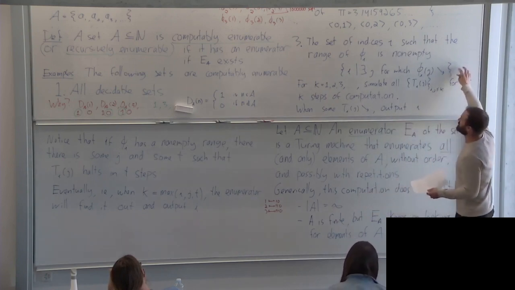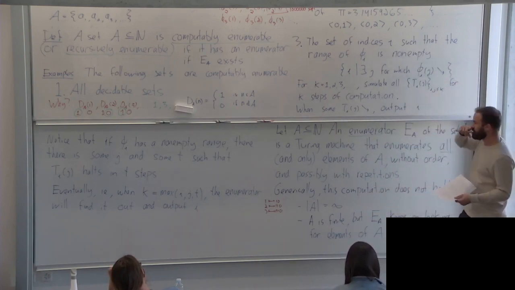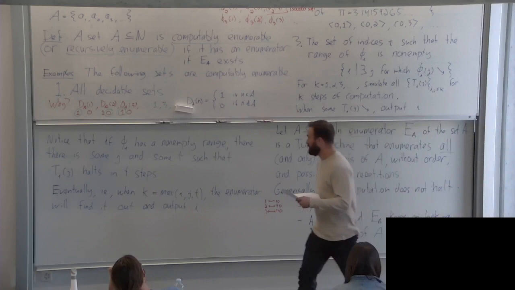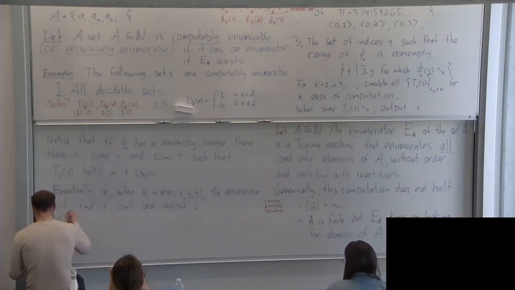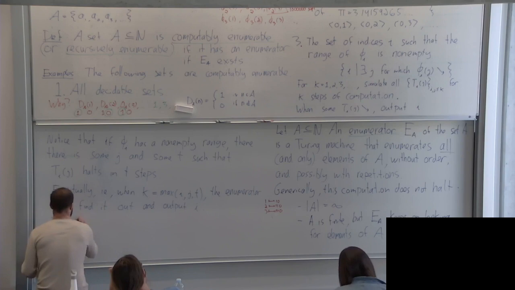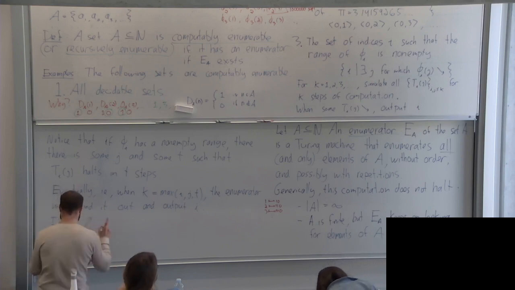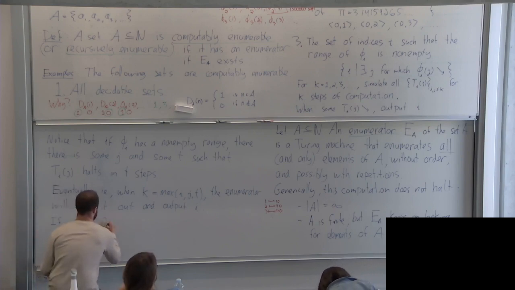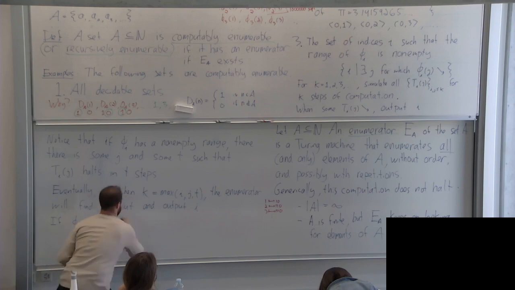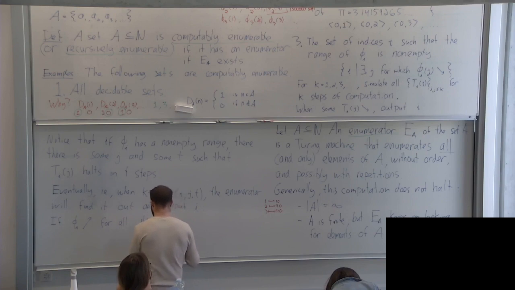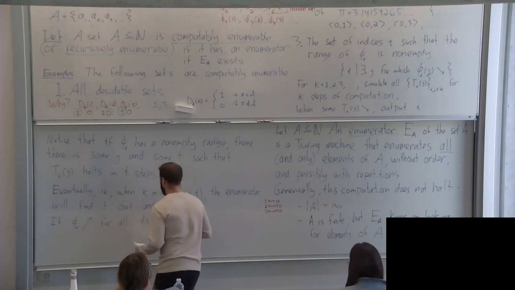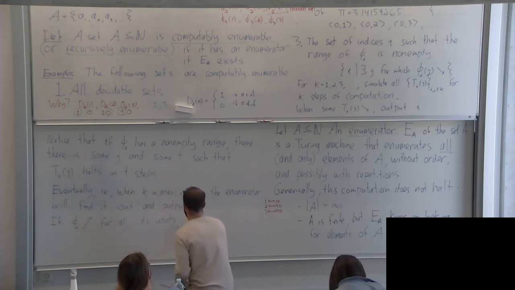A here is my set, this set. If phi I diverges for all its input, well, the enumerator will never output i.